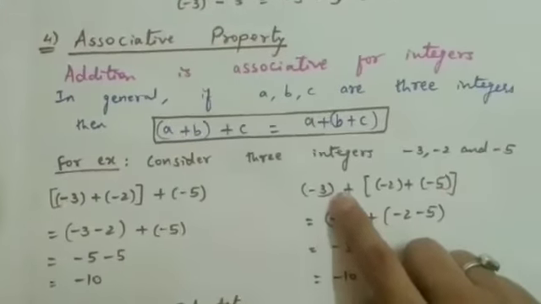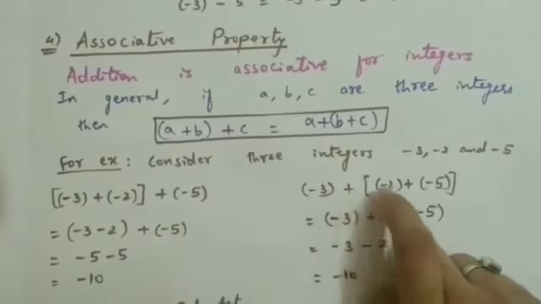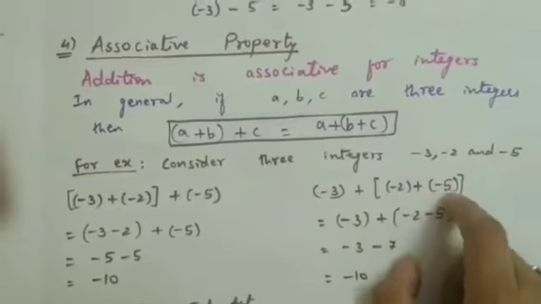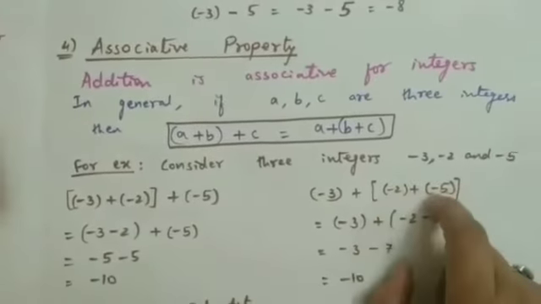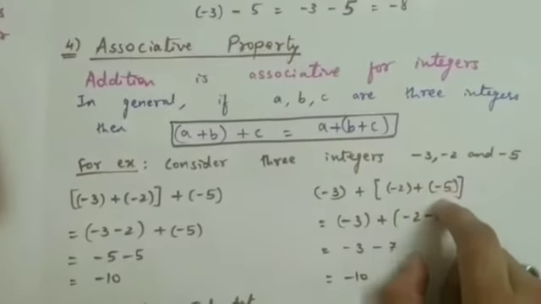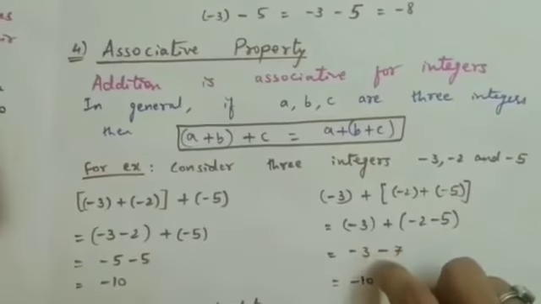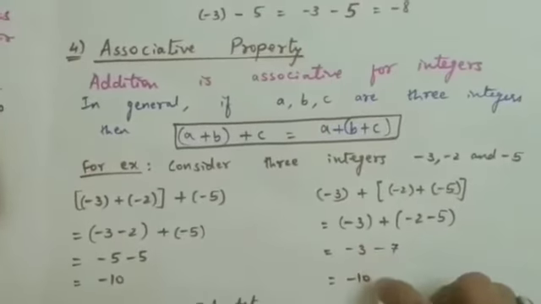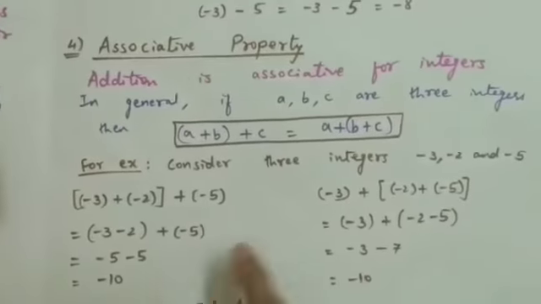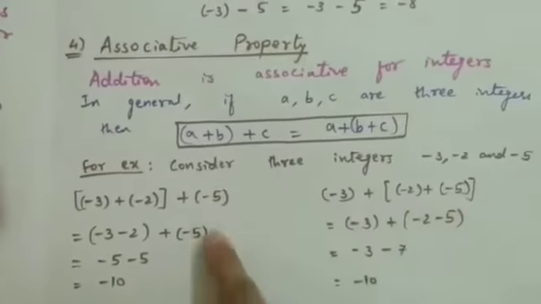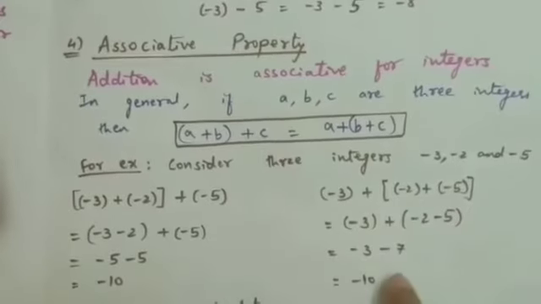Now in the second case, minus 3 is added with the group of minus 2 plus minus 5. Here we group minus 2 and minus 5. So minus 2 minus 5 we get minus 7, and minus 3 as it is. Minus 3 minus 7 we get minus 10. Here what you observe is that in both cases the resultant answer is the same.